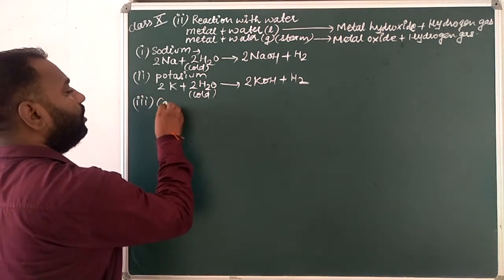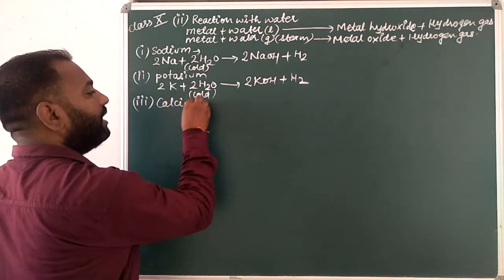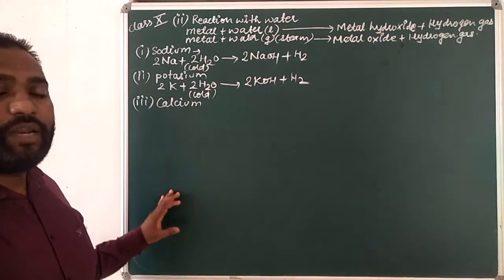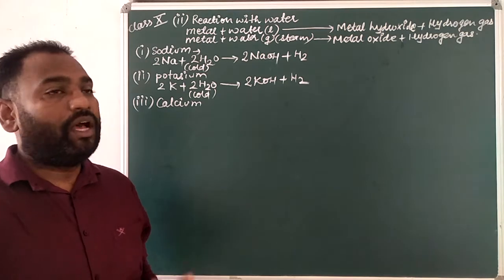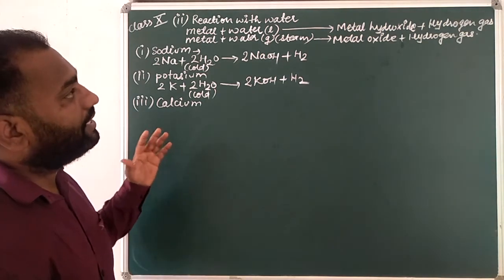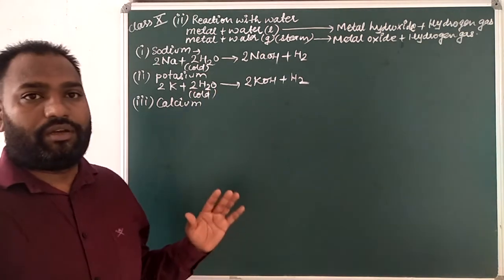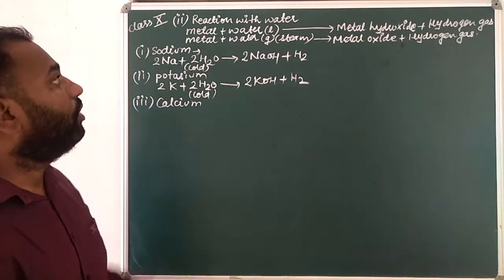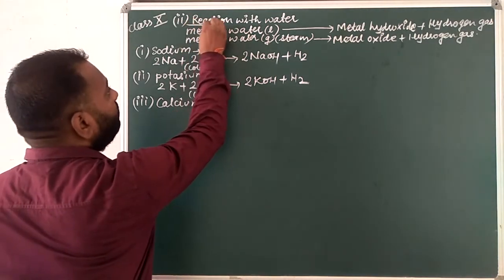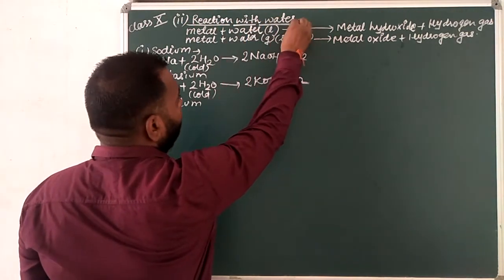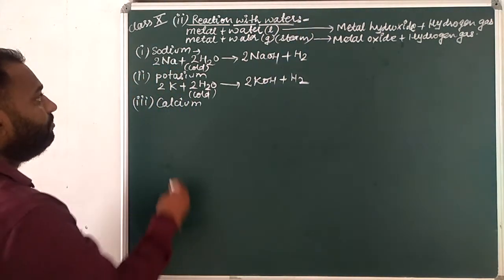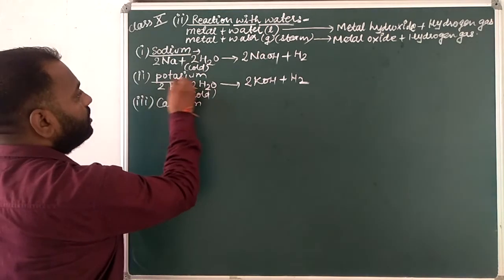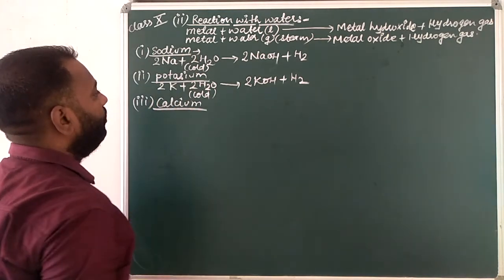Are you able to understand what I am writing here? These are different types of metals. Actually, we are studying how metals react with water, that is, the reaction of metals with water. So this is sodium, this is potassium, and this is calcium.